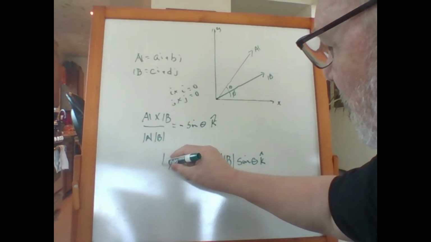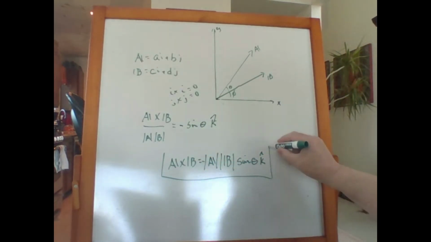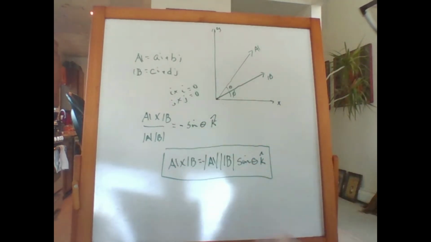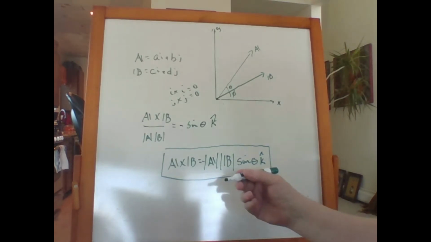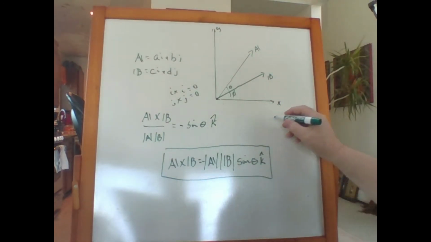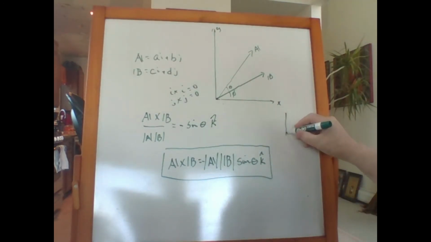So this is an identity. This is two-dimensional. We're going to generalize if we have, let's say, a vector in x, y, z.